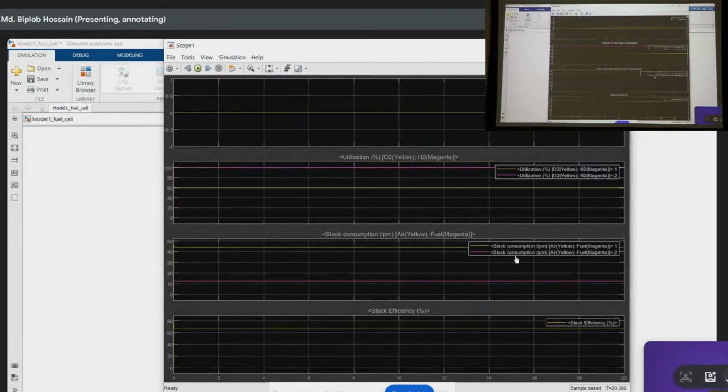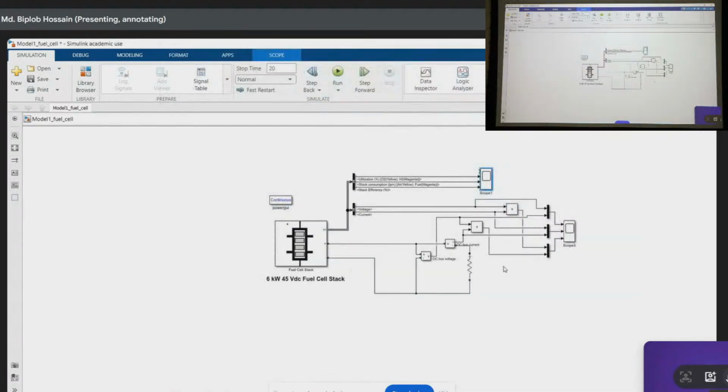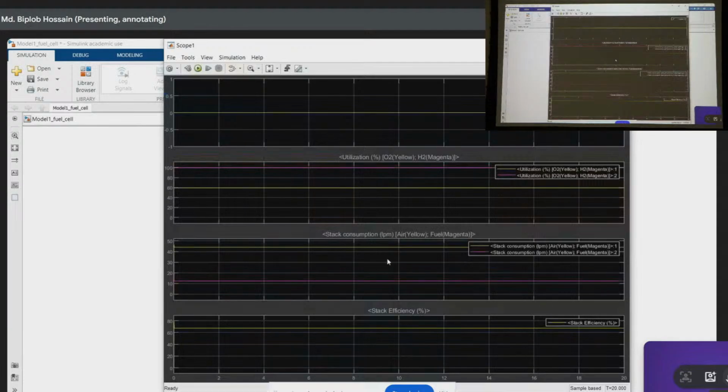So the fuel consumptions liter per minute, that means for providing this output, if we want to increase load here, based on this the current also increases. So if the current increases, then the supply of both air flow rate and fuel flow rate both need to be increased. This way you can see the results.